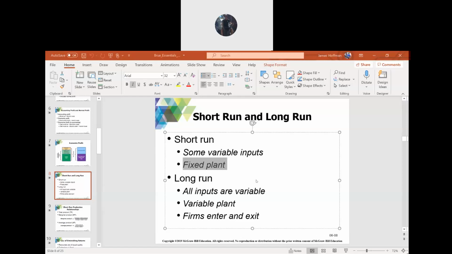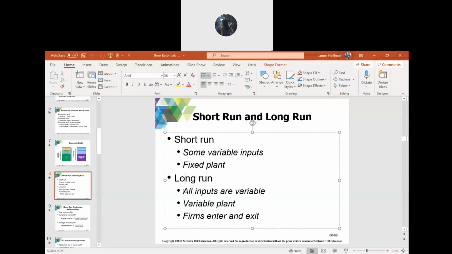If you can put all those things in the plant category, what short run really means is labor is variable, so the firms can always make labor changes. They can add hours, they can add workers, they can lay off workers, they can do anything that has to do with changes in labor hours. But all the plant things are going to be assumed to be fixed in the short run.